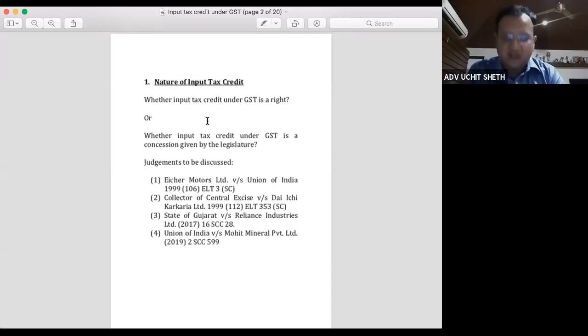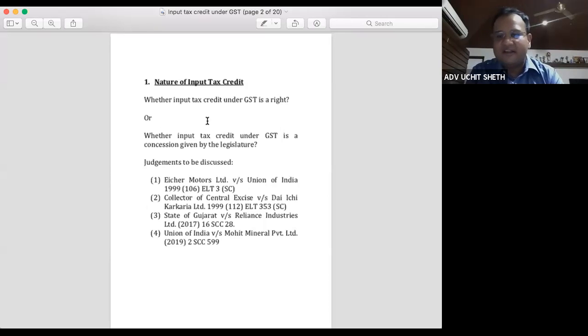But to further add on, once that right is given by the statute, then it cannot be taken away very easily. So suppose right now today, section 16 is existing on the statute book in the GST law. I am entitled to claim input tax credit of the tax paid on my purchases. I arrange my affairs accordingly.